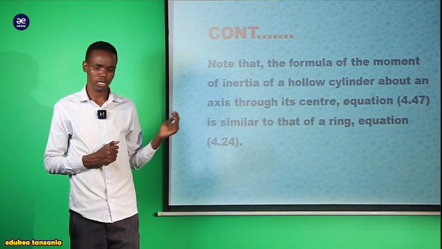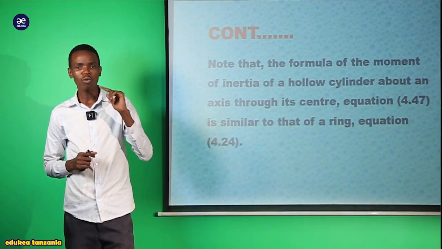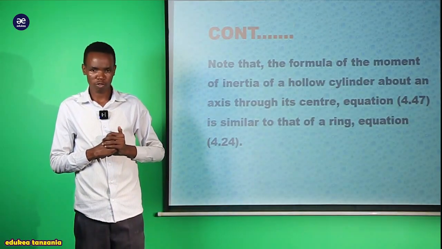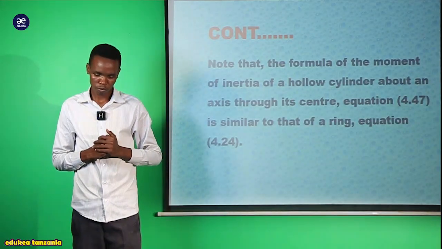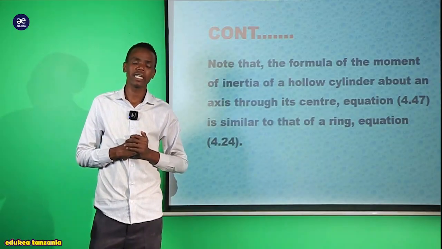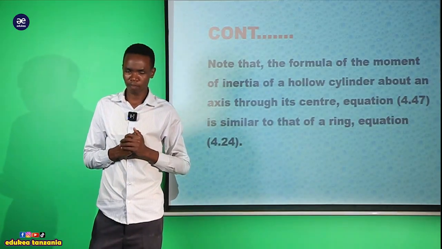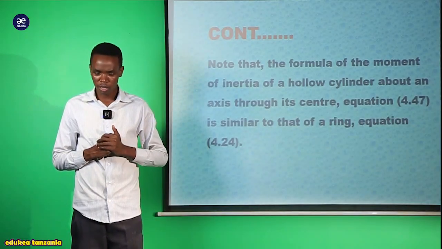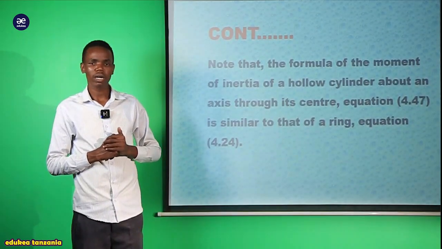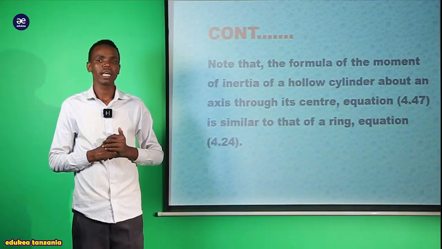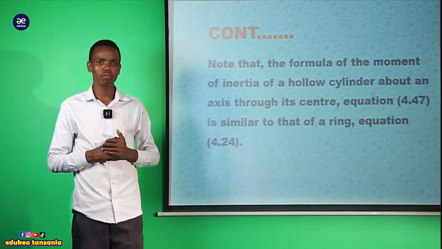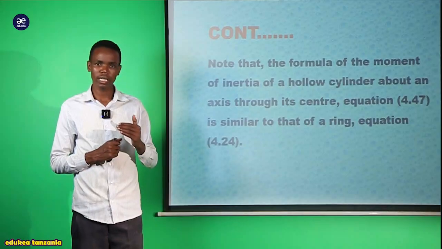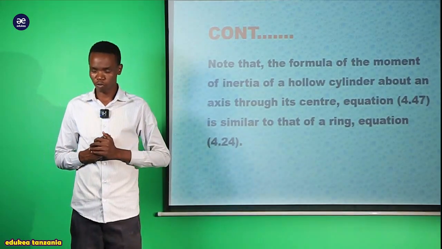This expression is what we demonstrated for the ring, equation number 24 for our first topic, where we said the moment of inertia of the ring is equal to M r square. So this formula is the same as that of the hollow cylinder.